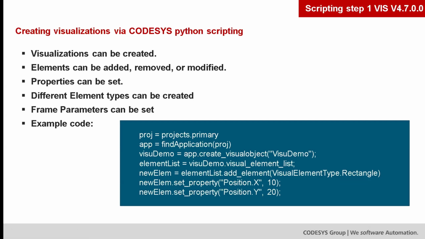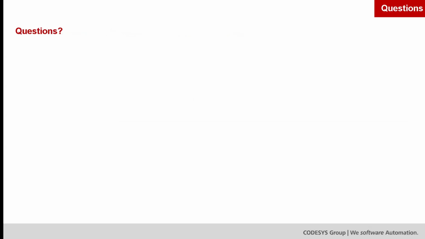And with this functionality, for example, you can create a complete navigation menu automatically with a Python script. Okay, so do we have some questions about this new functionality or regarding some topics of the visualization itself?